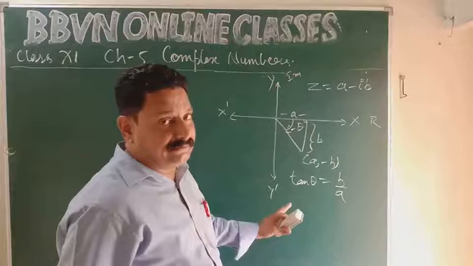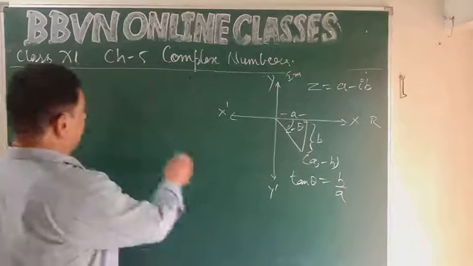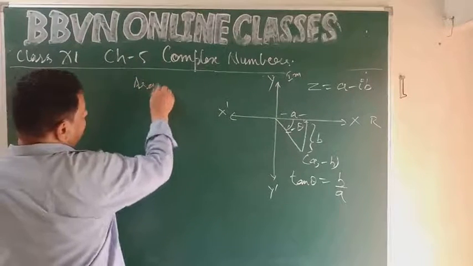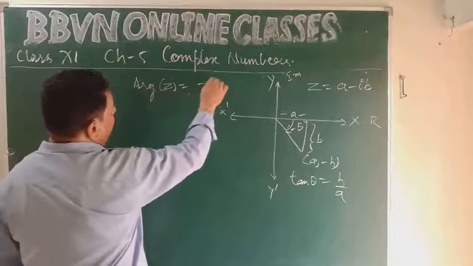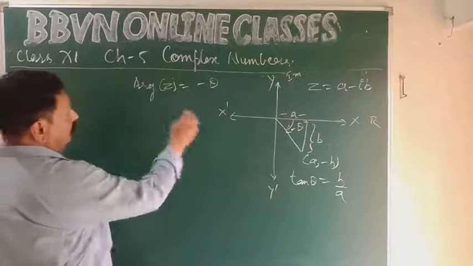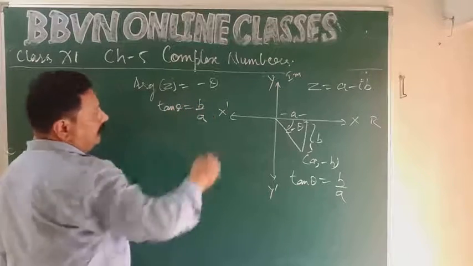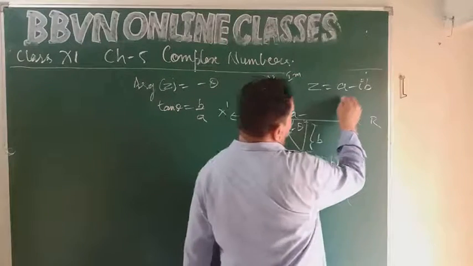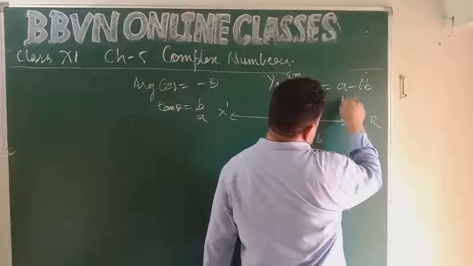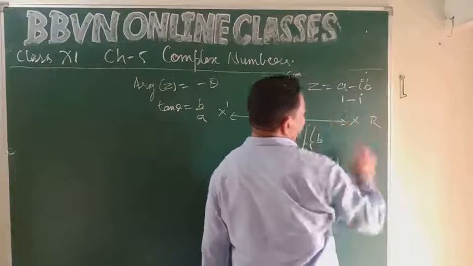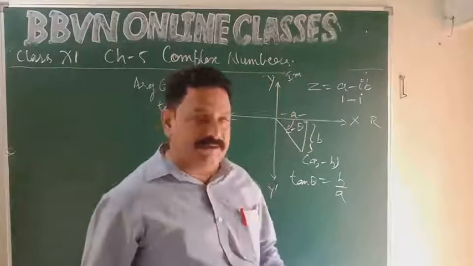But theta is in negative direction. So argument of z will be negative theta. And how to find theta? Tan theta equal to b upon a. Suppose you have the point 1 minus iota, so a is 1, b is 1.